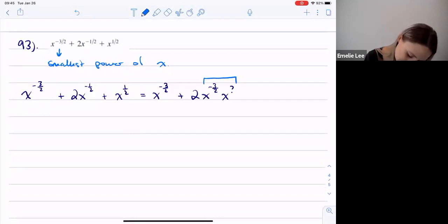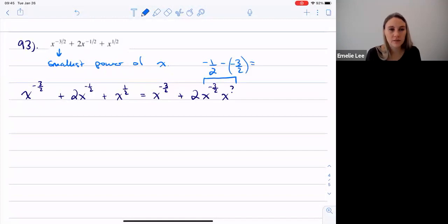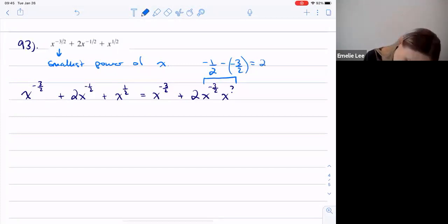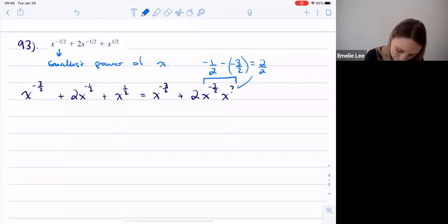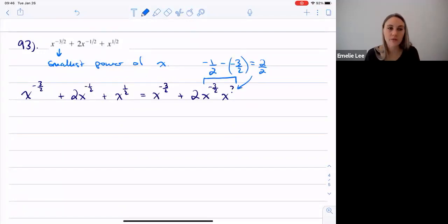Because -1/2 minus -3/2 is going to be what? Dealing with those negatives, right? I've got a common denominator, so that's good. So I've got -1 plus 3 puts me at 2/2. Okay. So that's what I've got here. And you can just double check it, right? So check your work.